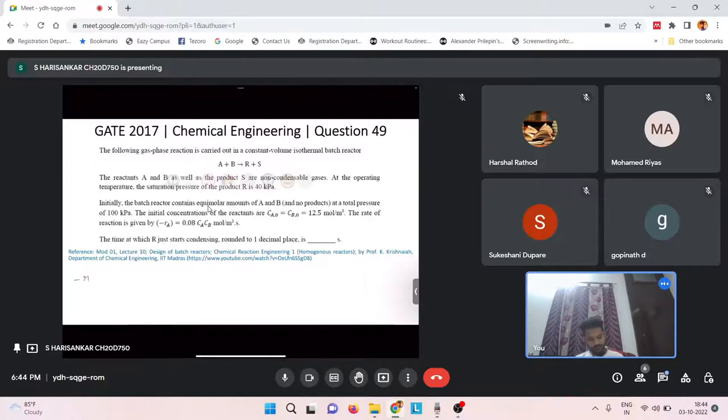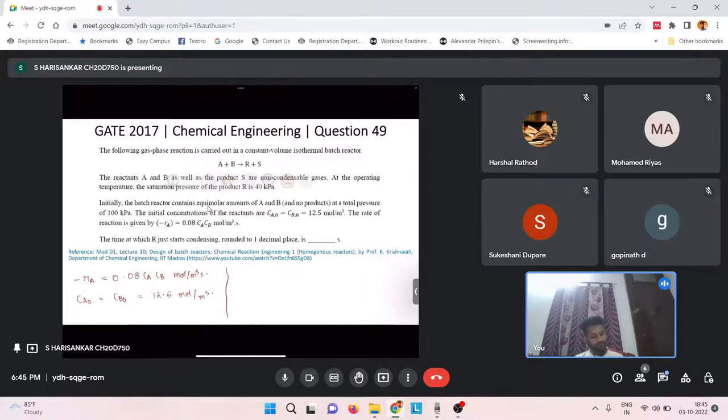They have given that the reaction rate minus Ra is equal to 0.08 CaCb mole per meter cube second. They have also given that Ca0 is equal to Cb0 is equal to 12.5 mole per meter cube.